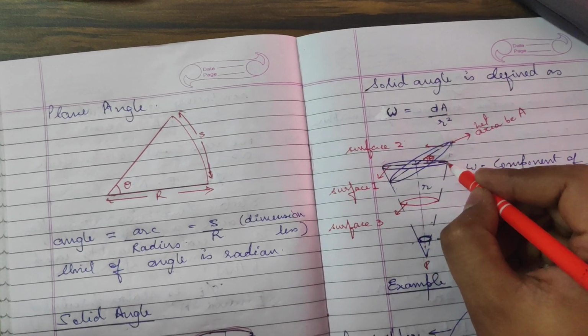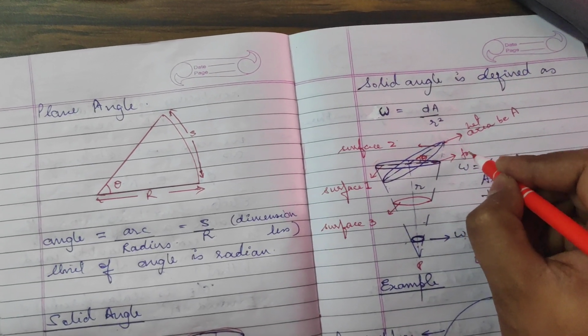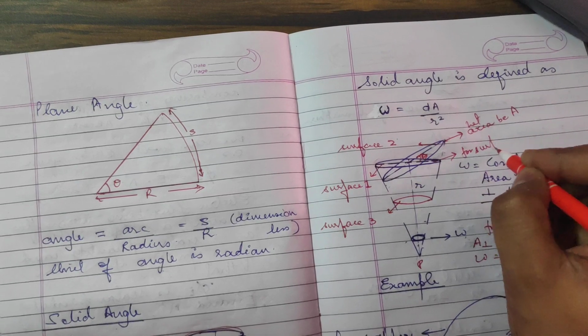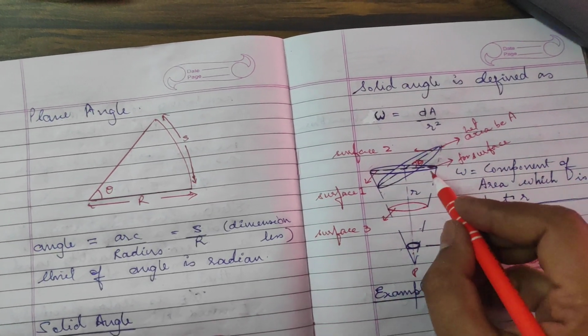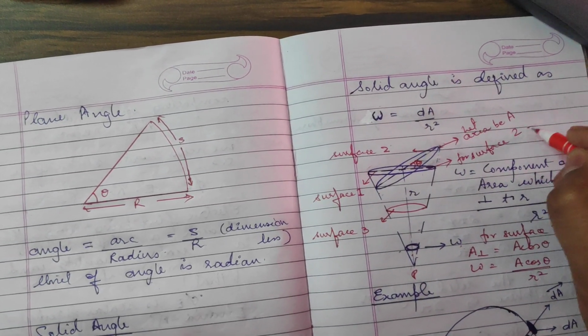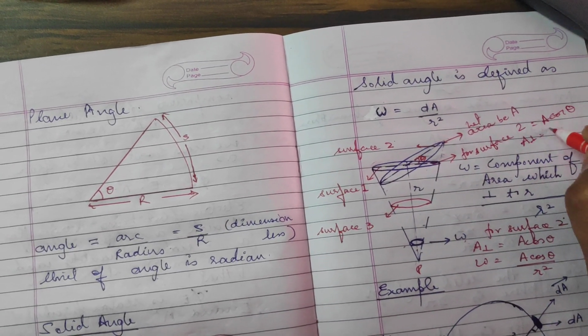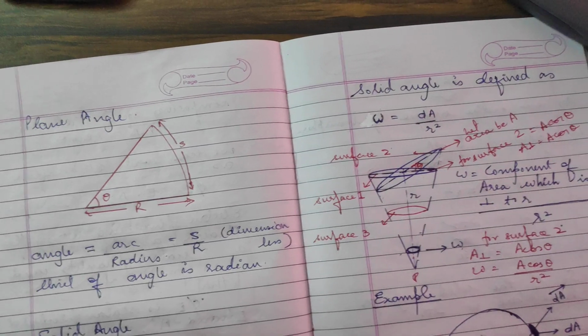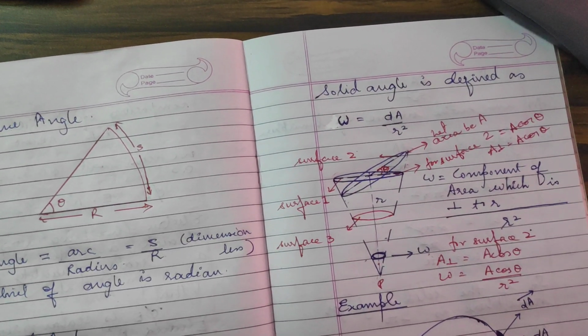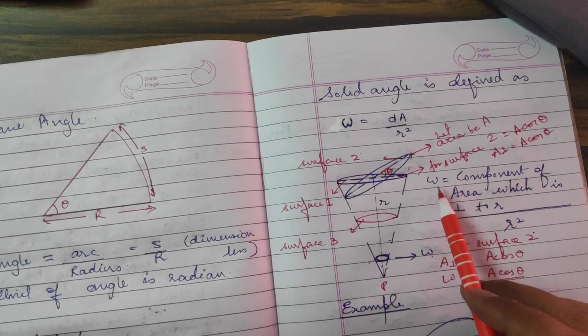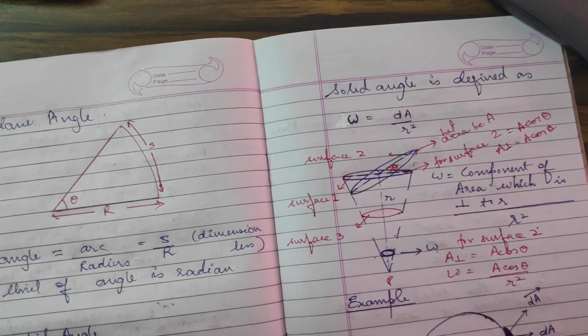So for surface 2, this area is equal to A cos theta, which is the perpendicular area. So now the formula of omega has been changed.